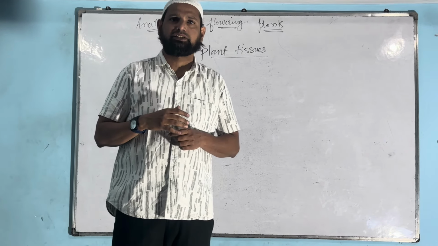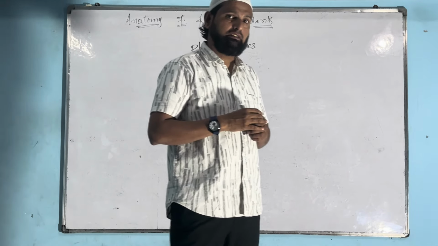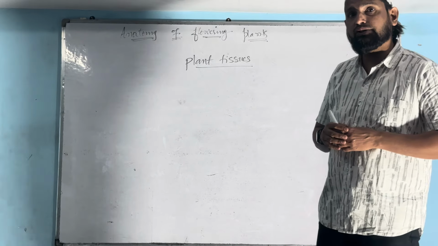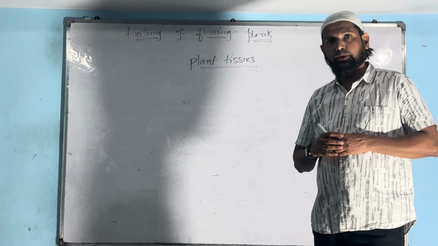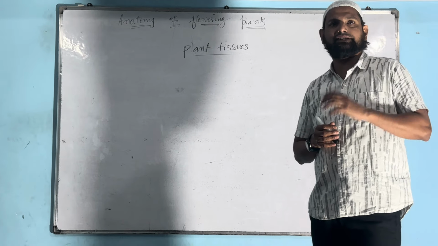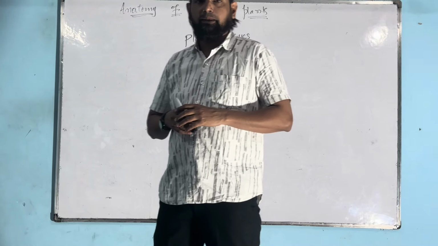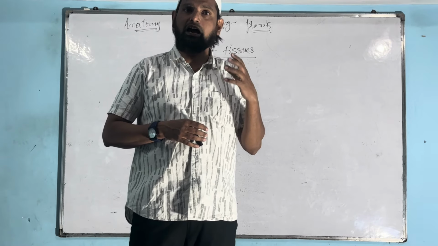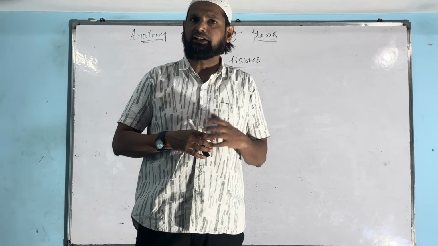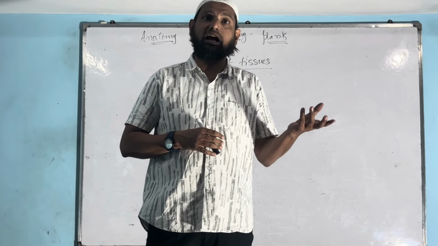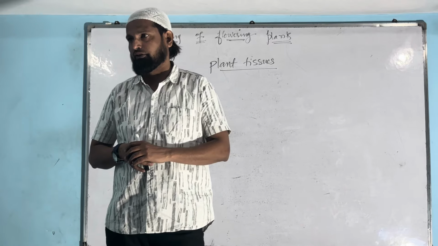Power of cell division. The plant cell which has the ability to divide, and the plant cell which has lost the capacity to divide.